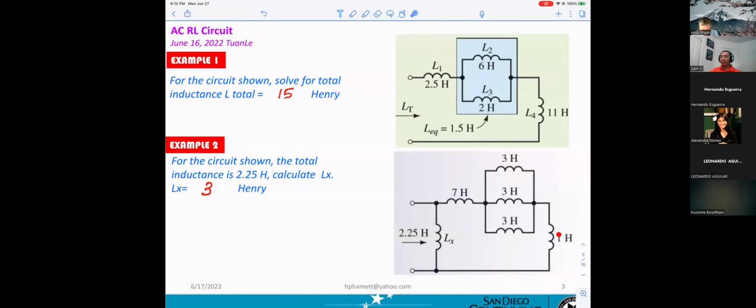So they say total inductance 2.25, and they want to know Li. If you combine 3, 3, 3, you get 1 Henry, right?